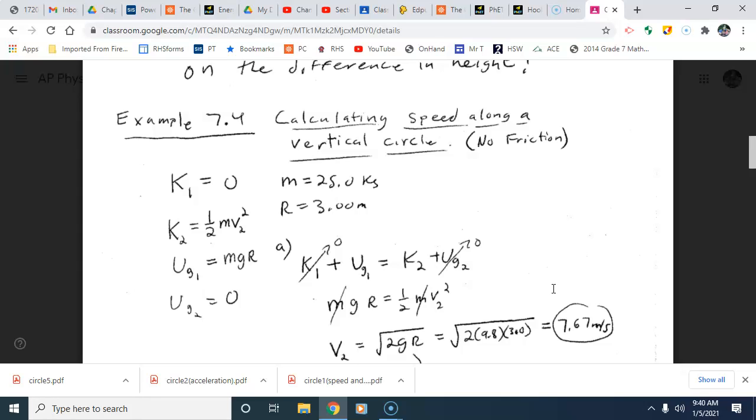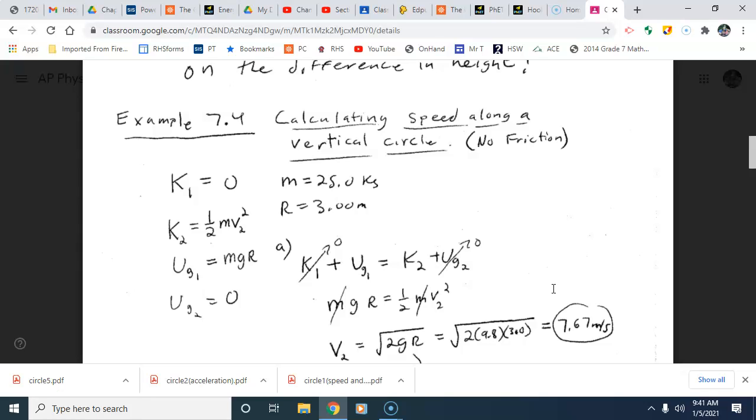If we treat Throcky, and a skateboard as a particle, he moves through a quarter circle with radius r equals 3.0 meters. Throcky and his skateboard have a total mass of 25 kilograms. Find his speed at the bottom of the ramp.